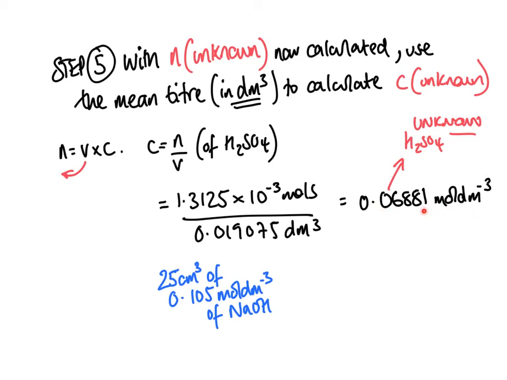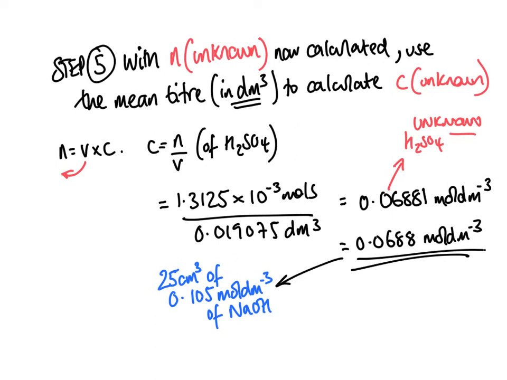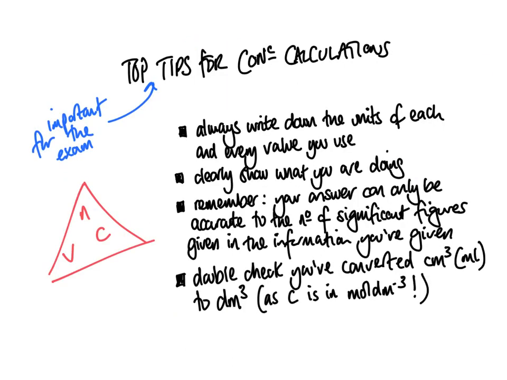So, as this stands, our actual answer is incorrect, so we need to just round that to 3 significant figures. Obviously, leading zeros are not significant, so 0.0688 mole dm cubed is the correct answer, based on our limitations of accuracy with only these 3 significant figures here.